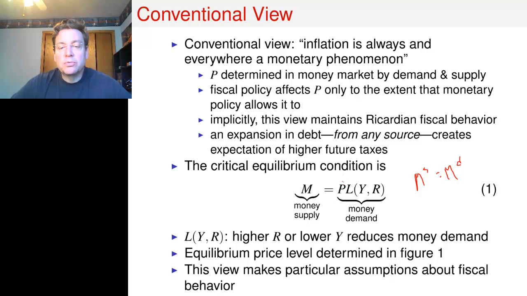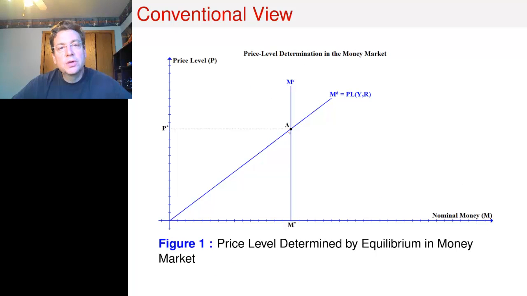It's increasing in the price level, it's increasing in income, and it's decreasing in the opportunity cost, which is the nominal interest rate. So this is the view that has the price level determined in the money market by the intersection of the demand for money and the supply of money. And this is the view that I presented to you earlier.